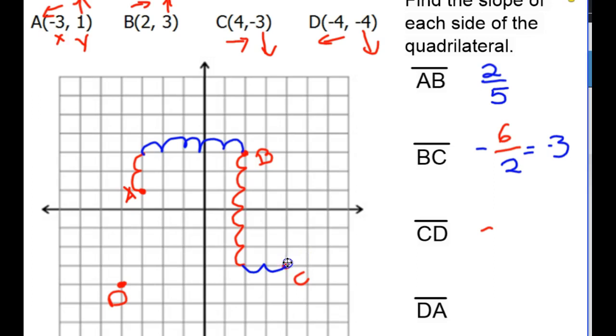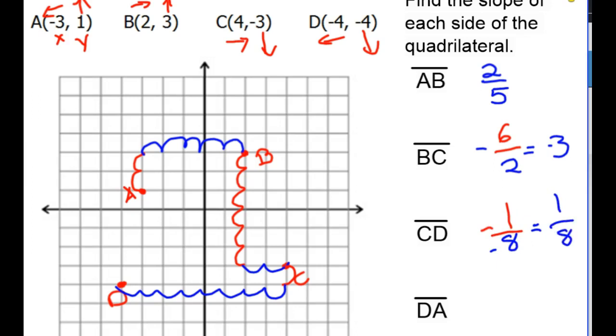Well, the top is going to be negative 1. And the bottom, we're going backwards, so it's going to be negative as well. 1, 2, 3, 4, 5, 6, 7, 8. Negative 8. 2 negatives make a positive. 1 over 8.